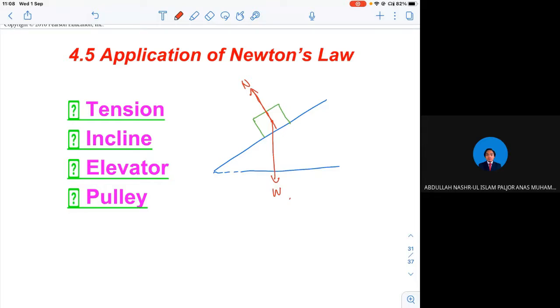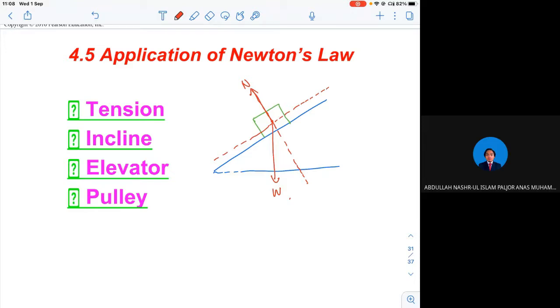Now we can jot down the normal force as straight like that.